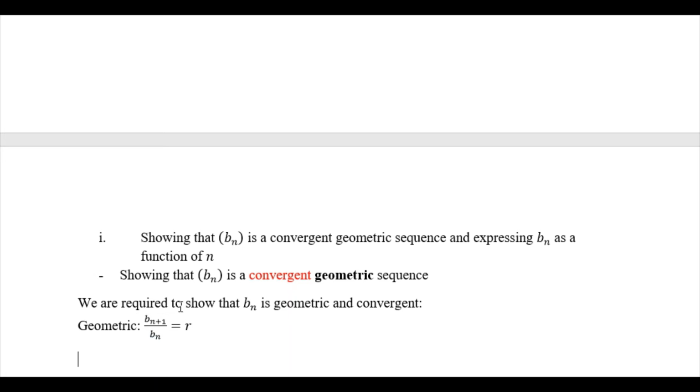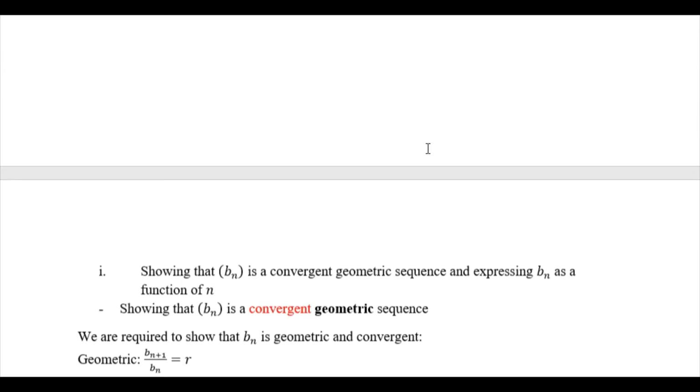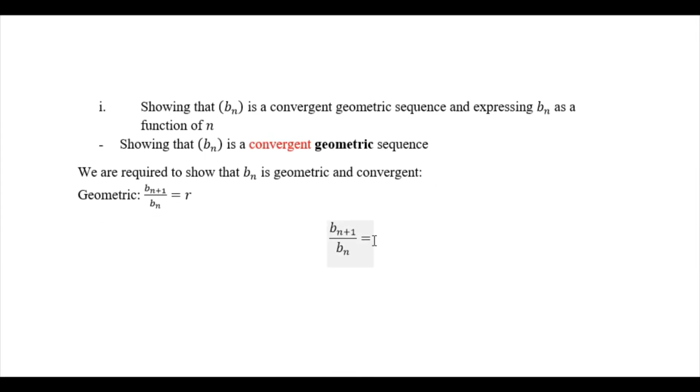So let's look for b_(n+1) divided by b_n. Since b_n is a_n minus 2, b_(n+1) is just a_(n+1) minus 2, divided by b_n.